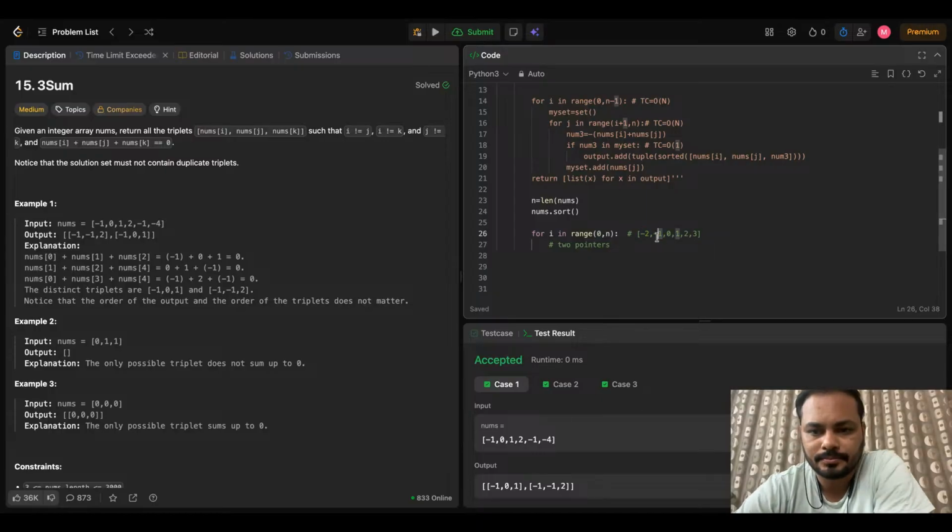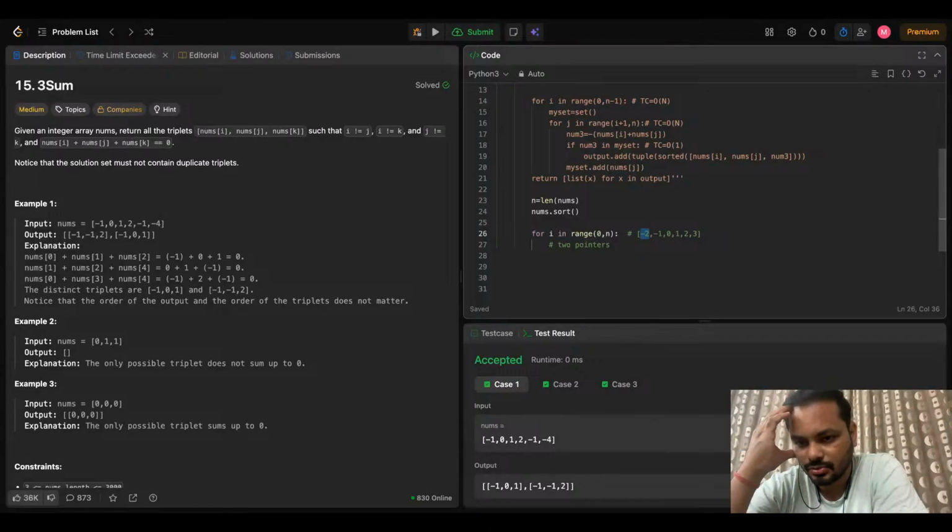I have fixed this i at index 0, and now I have the remaining elements. So i is -2. What do I want?